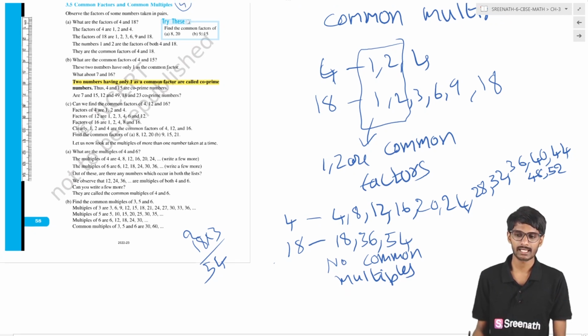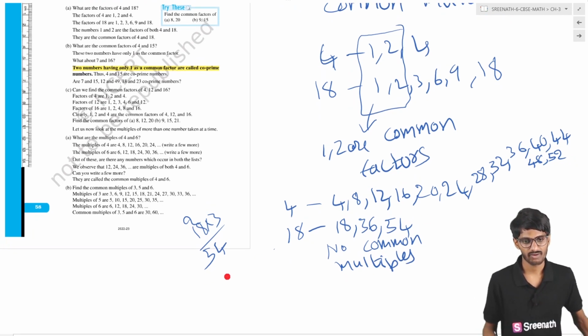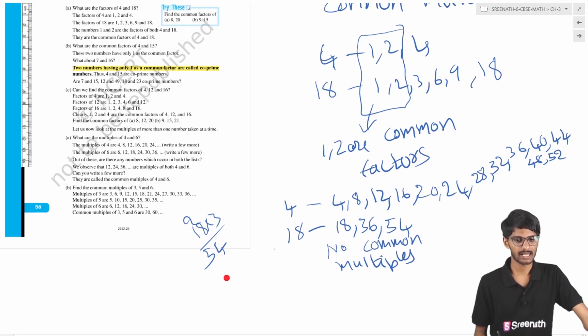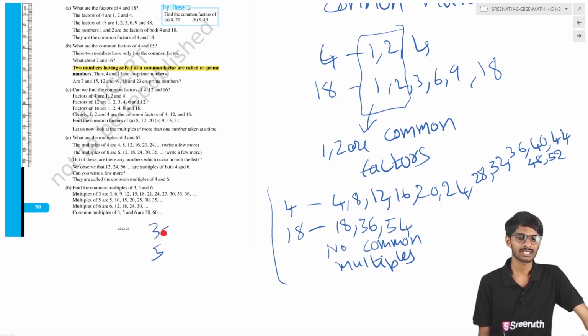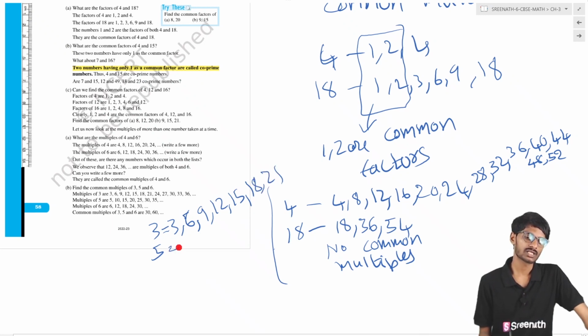So now we will take another example. Suppose we take 3 and 5. What are the multiples of 3? 3, 3 twos are 6, 3 threes are 9, 3 fours are 12, 3 fives are 15, 18, 21, like that. And what are the multiples of 5?